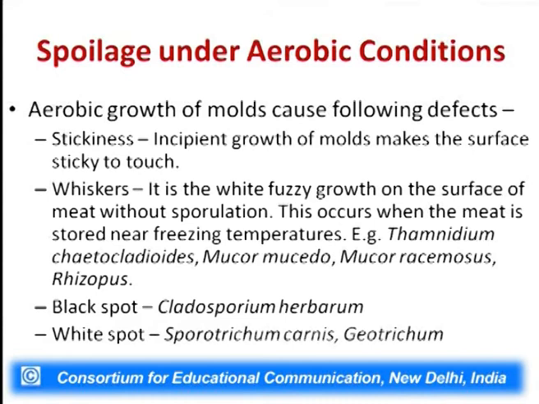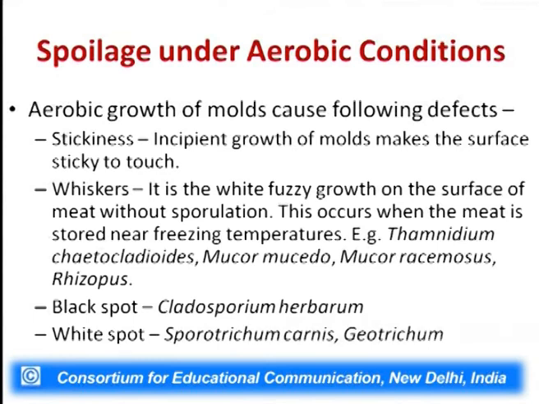So, incipient growth of mold makes the surface sticky to touch, and this results in stickiness of the meat. Another spoilage is whiskers. Formation of whiskers takes place on the surface of meat, and in this case a white fuzzy growth occurs on the surface of meat.